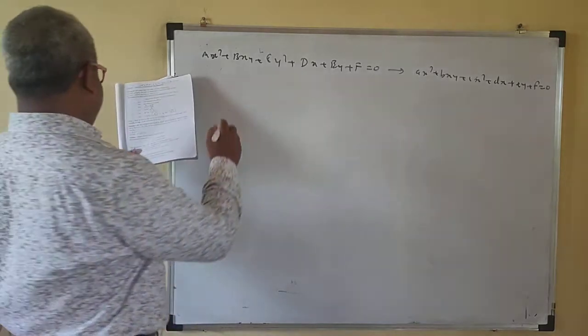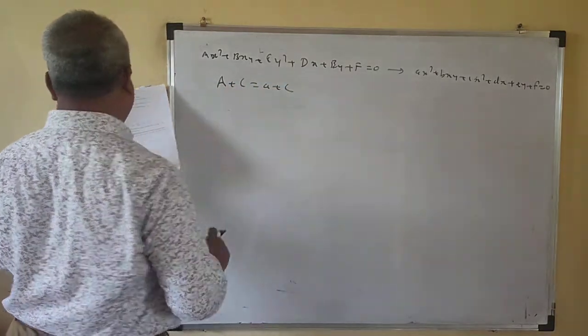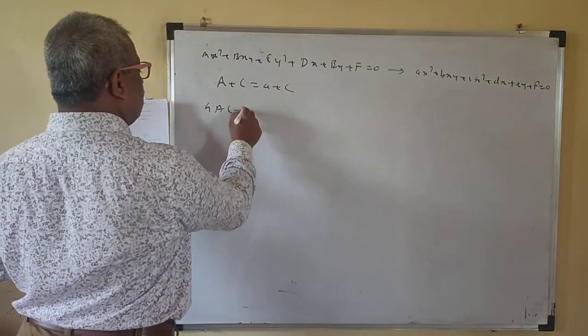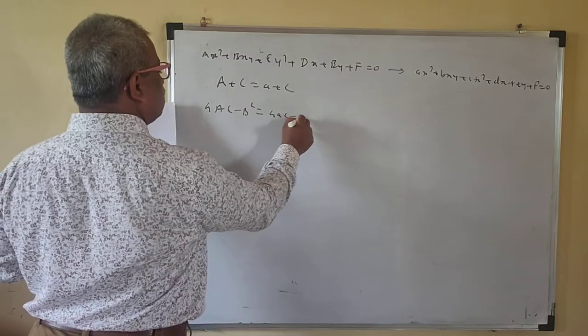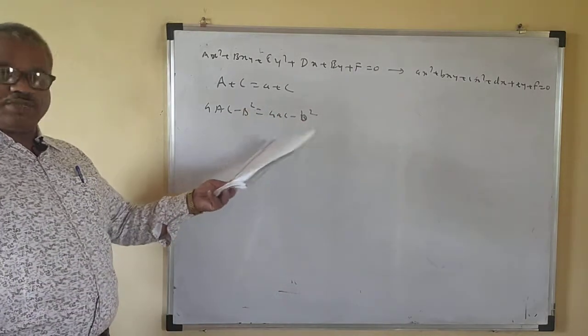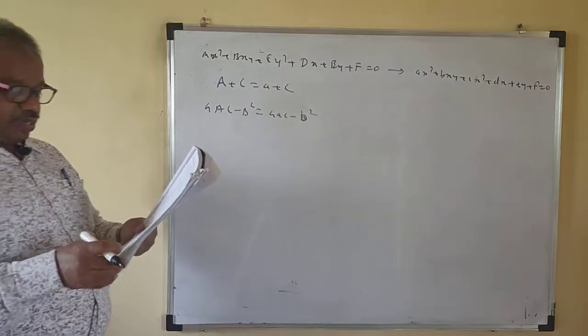Then A plus C is equal to a plus c. It is invariant. And 4AC minus B square is equal to 4ac minus b square. They are the same, they are invariant.